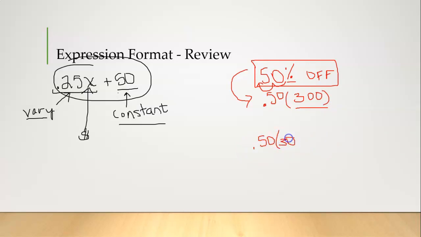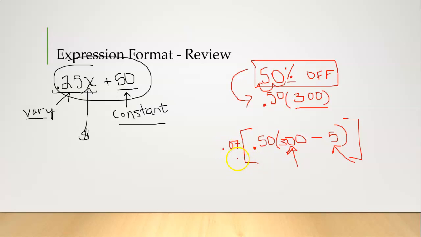So you might see something like this: 0.5 times 300 minus, I'm just making this up now, 5. So you have the cost of the TV, and maybe there's a coupon. So you're subtracting out the $5 coupon first, and then you're multiplying by the discount. This is just an example. We could even add on multiplying by a tax. Most things you buy here in the state of Virginia do have a tax rate of 7 or 7.5%.